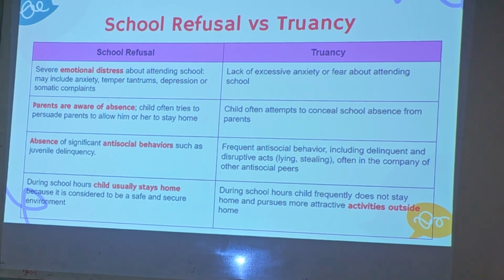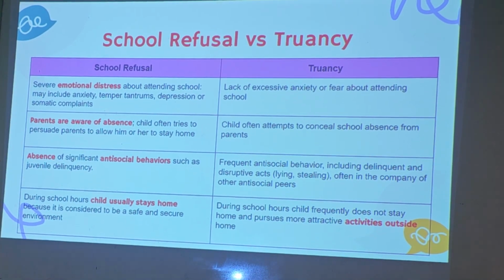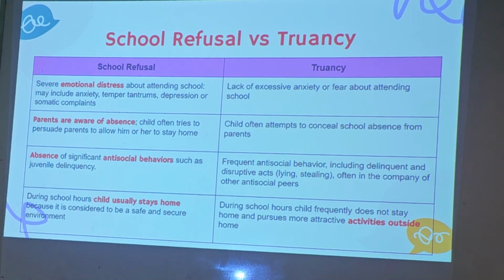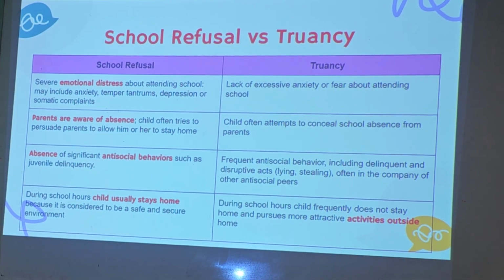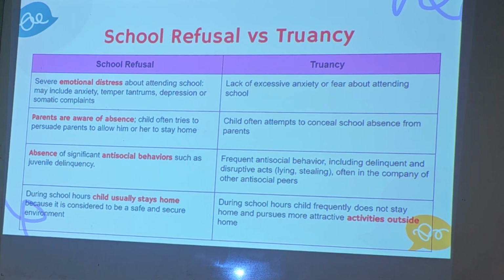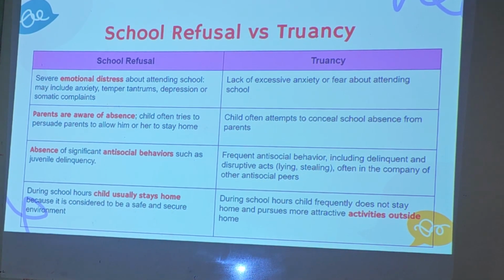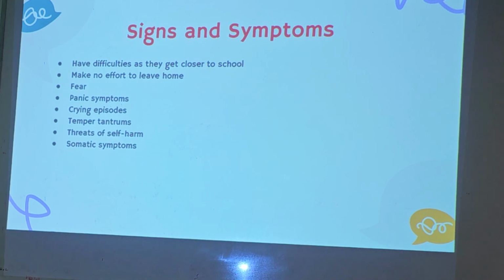Lastly, in school refusal, during school hours, the child usually stays home because for them it's considered a safe and secure environment. But in truancy, the child might be going somewhere else instead of school to pursue more attractive activities outside the home.